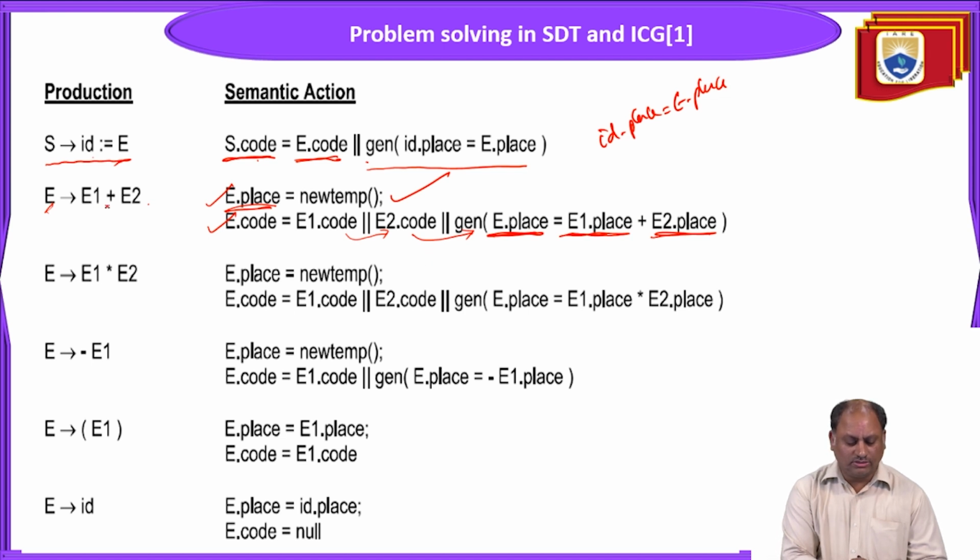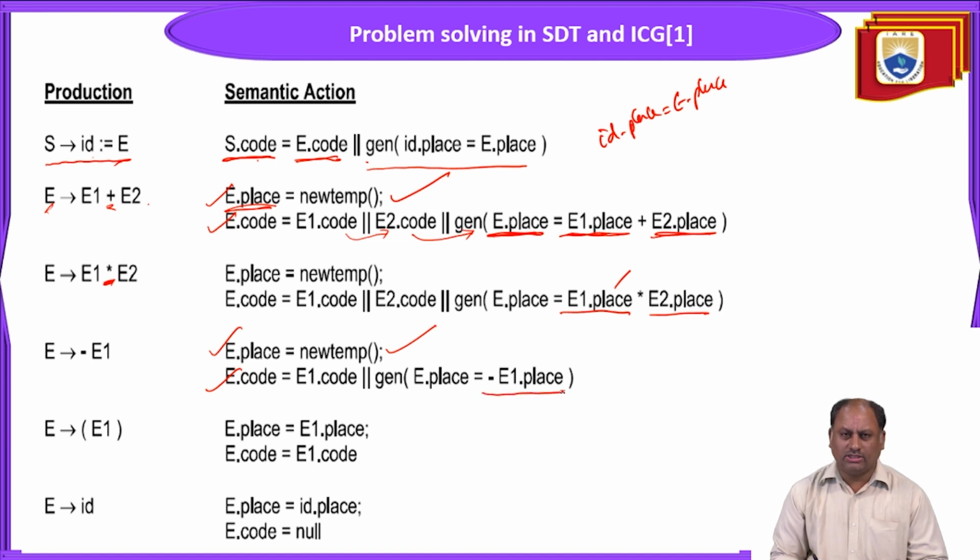Next, the production which carries out a star operation generates E1 dot place star E2 dot place. Here the place value references the address location where the value of the expression E1 is stored, and likewise for the non-terminal E2. Similarly, a new temp is created for E dot place and E dot code.